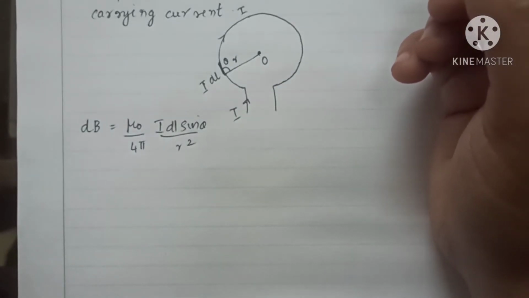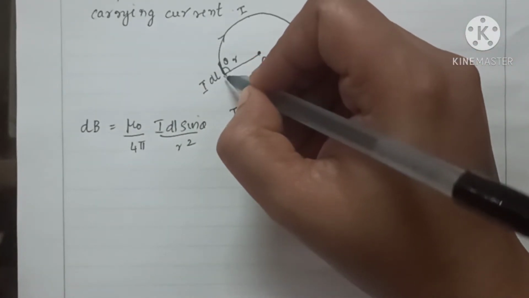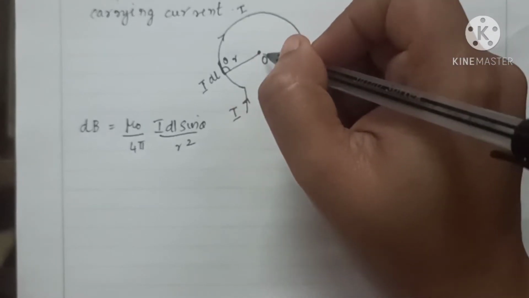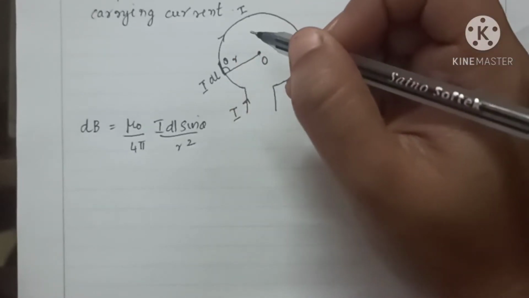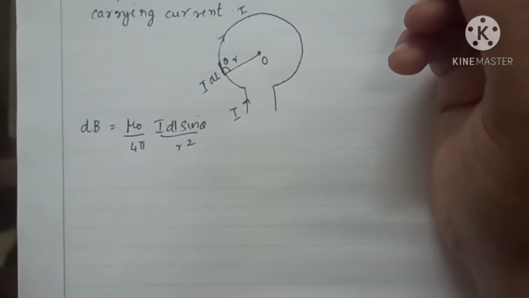Clear? Now listen here. This is the radius, right? So for each element that I consider, what about the angle between the radius and the line element? It is 90 degrees.